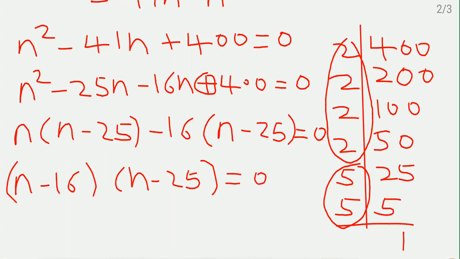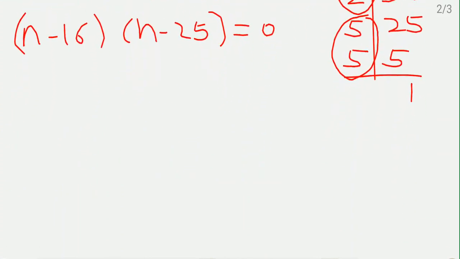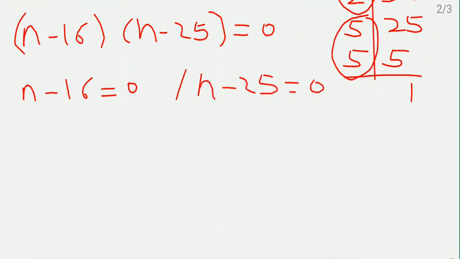Now here I'll compare every bracket with 0. So n minus 16 equals 0, or n minus 25 equals 0. So n equals 16 and here n equals 25.